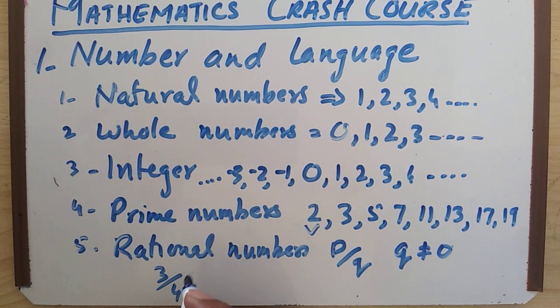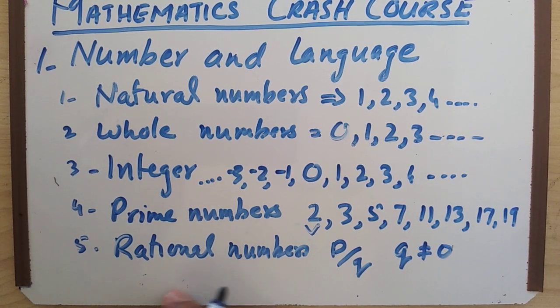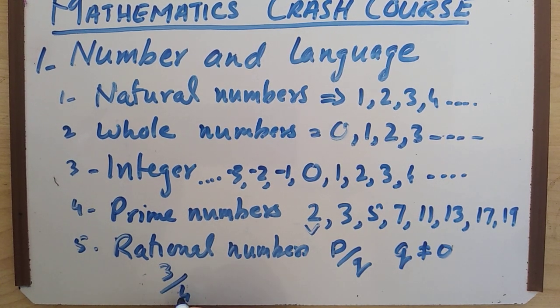Now here we have two properties of rational numbers. When you divide 3 by 4, the answer can be terminating or a recurring decimal.